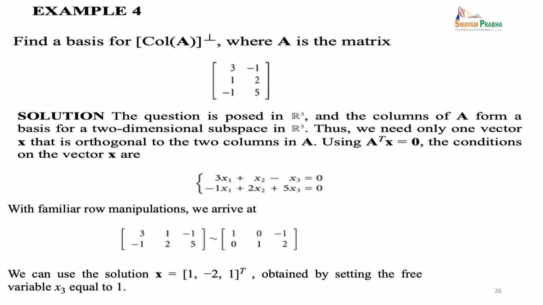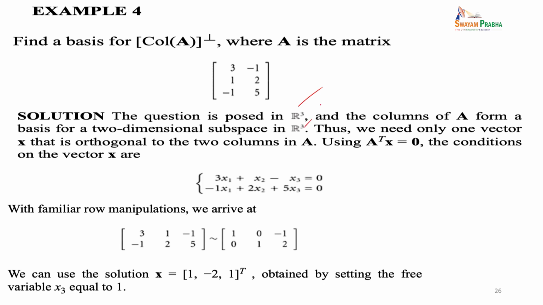Next example: find a basis for the orthogonal complement of the column space of A, where A is a matrix with columns 3 minus 1 1 and 2 minus 1 5. The question is posed in R cube, and the columns of A form a basis for a 2-dimensional subspace of R cube.